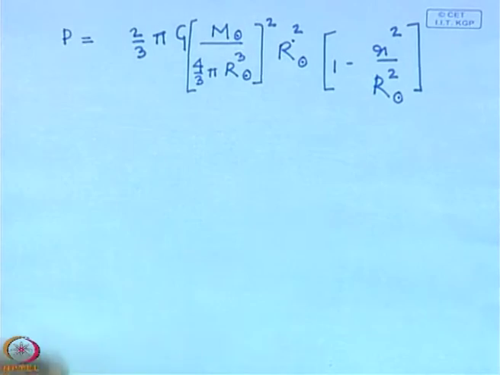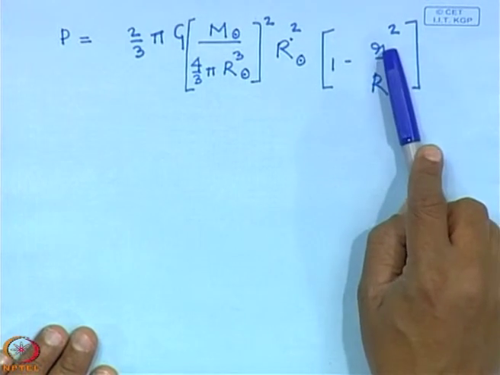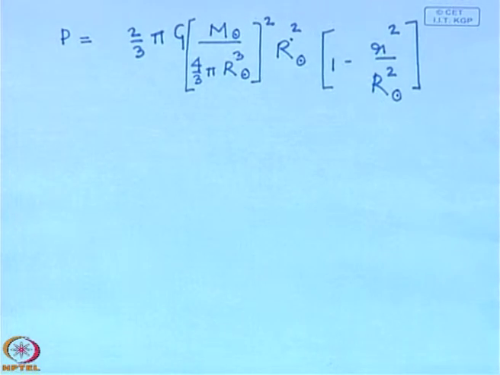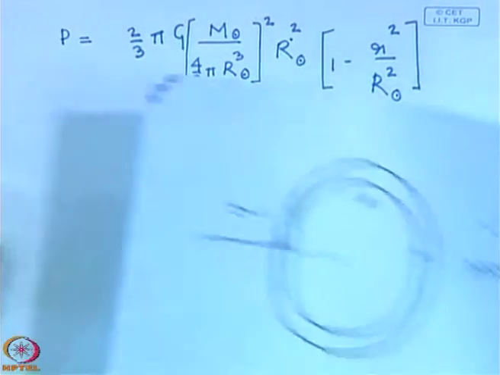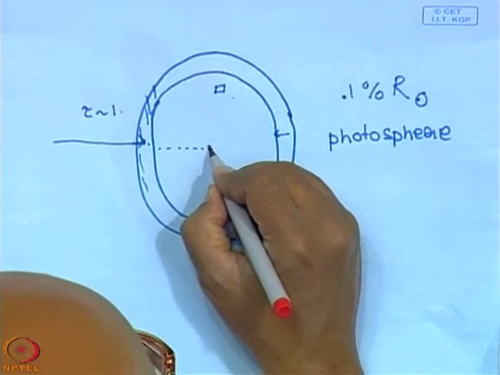So, we have written it like this, and it is now very clear that when the radius r goes to the radius of the sun, the pressure vanishes. Okay. Now, we will use this to calculate the pressure at the center of the sun. We want to calculate quantities inside the sun. So, let us use this to estimate what the pressure at the center is.